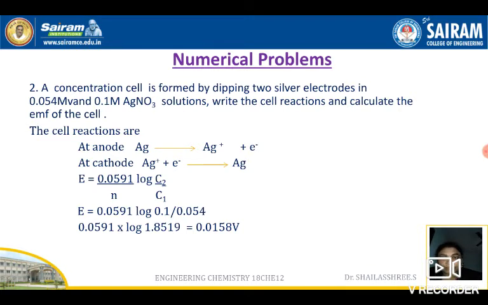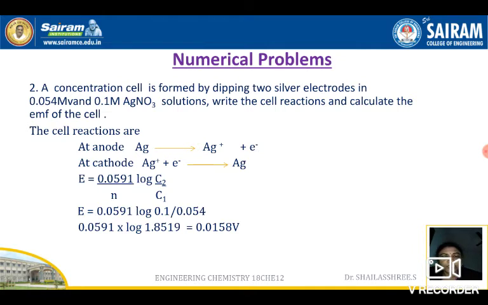Until the concentrations are different, there is a flow of electrons and hence current. Once the concentrations become equal, there is no more flow of electrons and hence no current. We don't have electrode concentration cells, so nothing to worry about it. In our syllabus we have only electrolyte concentration cells.